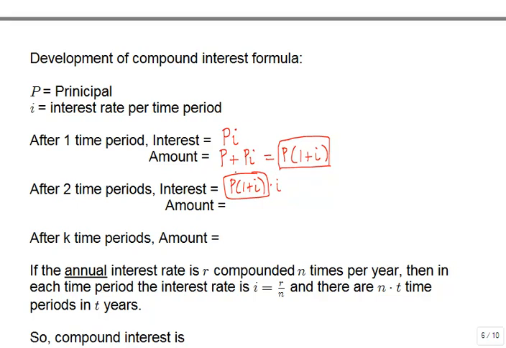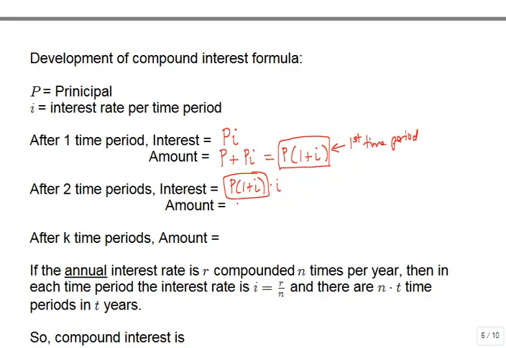And if this is now our second amount of interest that we've earned, what would be the amount of money in our account? Okay, again, here it's a little bit tricky. How much did we have in our account after the first interest payment got added in? This was the amount of money in our account after the first time period.